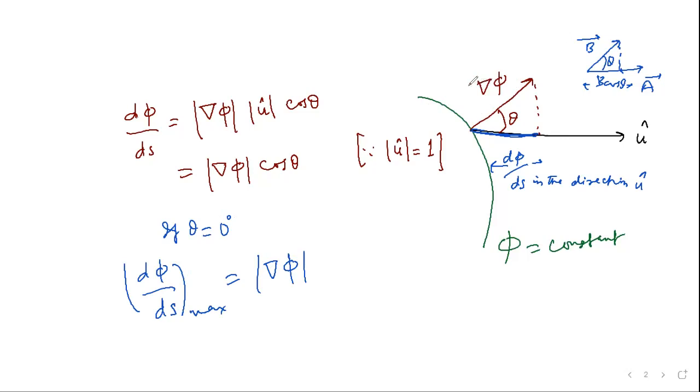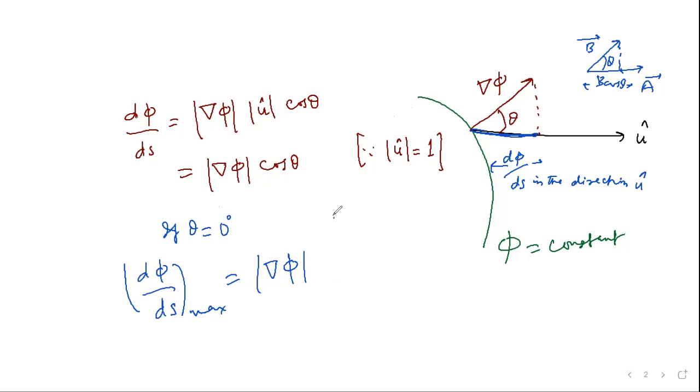So I repeat, the largest value of the directional derivative is equal to the magnitude of the gradient of phi, and it is in the direction of the gradient of phi.